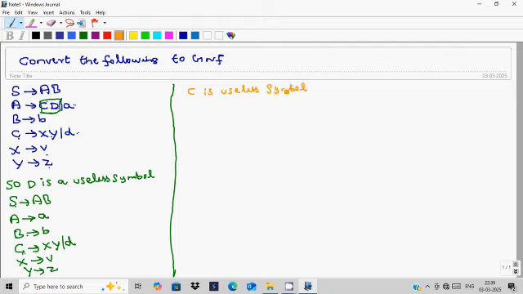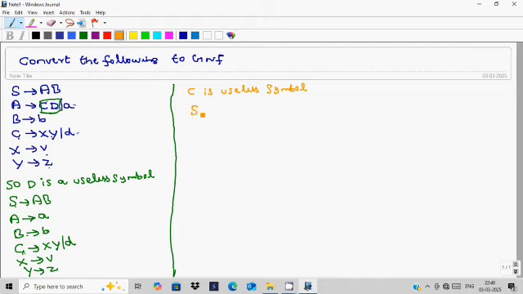So when we eliminate C, X, Y, everything goes off, because we cannot generate X and Y from the start symbol.